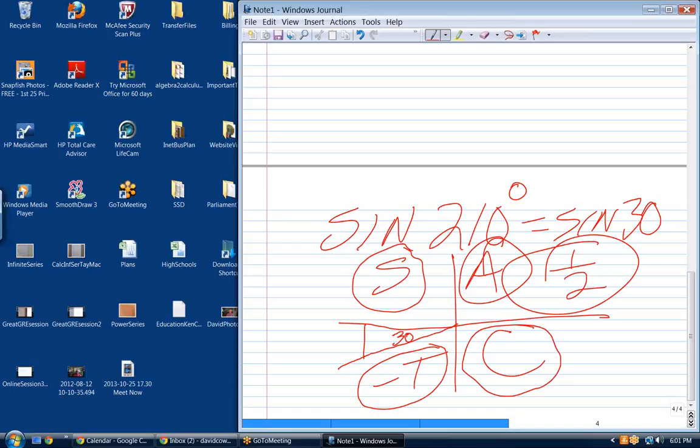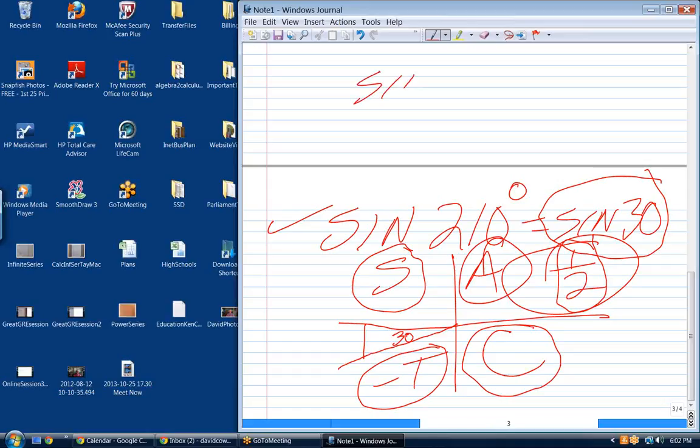So this technique where you convert this angle to a first-quadrant angle is very useful to come up with the number part of the answer. Now, to assign a plus or minus sign to it is easy based on ASTC. So, what is the sine of 150 degrees? It'd be in the second quadrant.